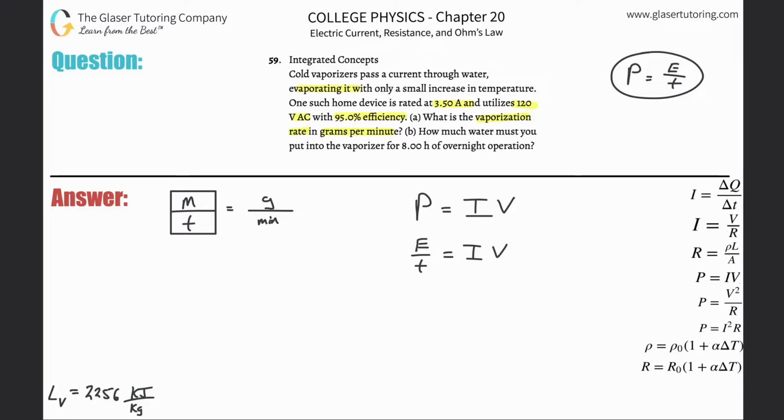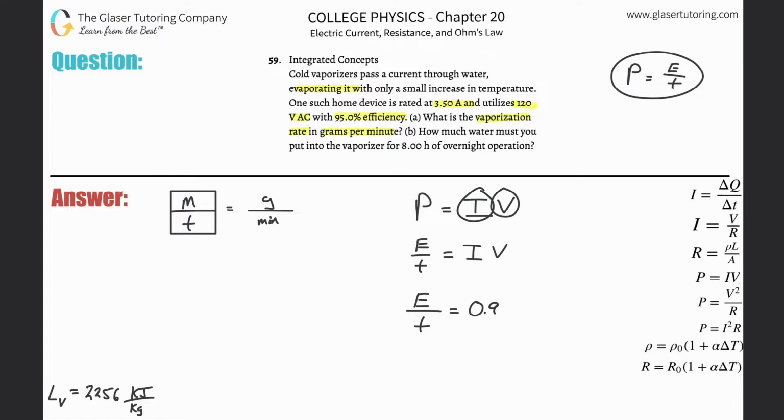Now, one thing I want to take into account before we go any further is this 95% efficiency. What that basically means is that whatever current and voltage is being applied, only 95% of it will be transferred into power utilized to vaporize that water. So I can simply take that value of 95%.